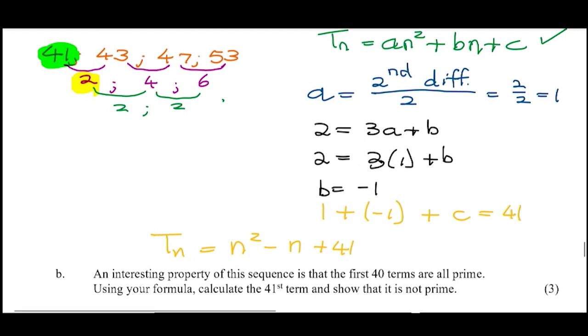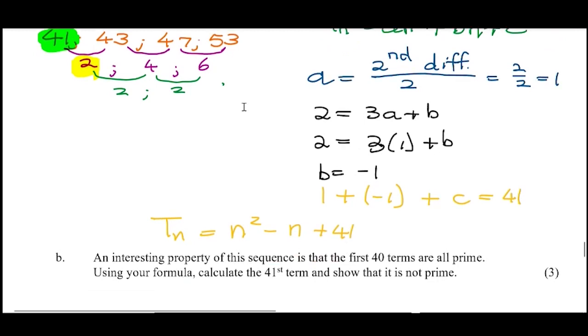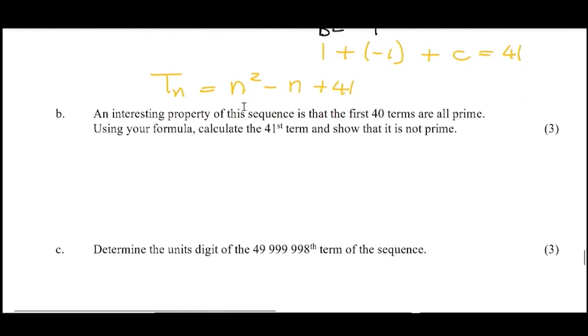Now, this is an interesting little bit of problem solving here. It says that if we calculate all these, the first 40 of these are all prime. Unfortunately, we haven't got a formula for finding prime numbers, because if we work out T41, we're clearly going to get 41 squared minus 41 plus 41.